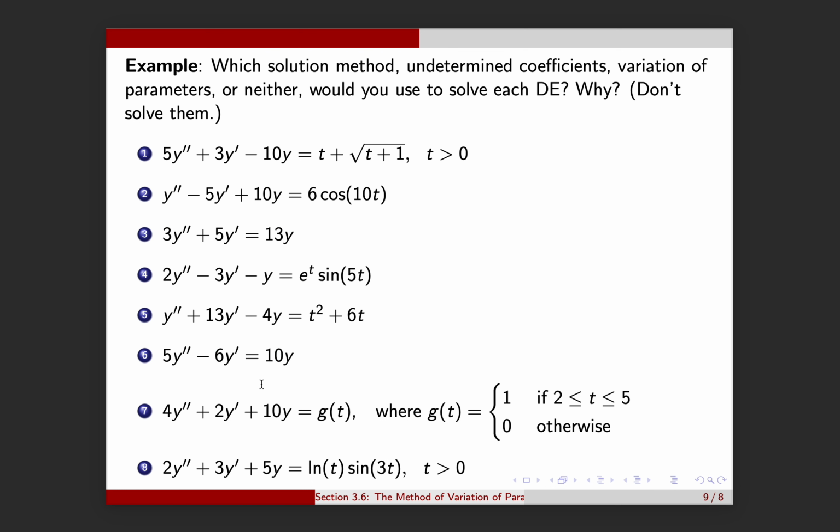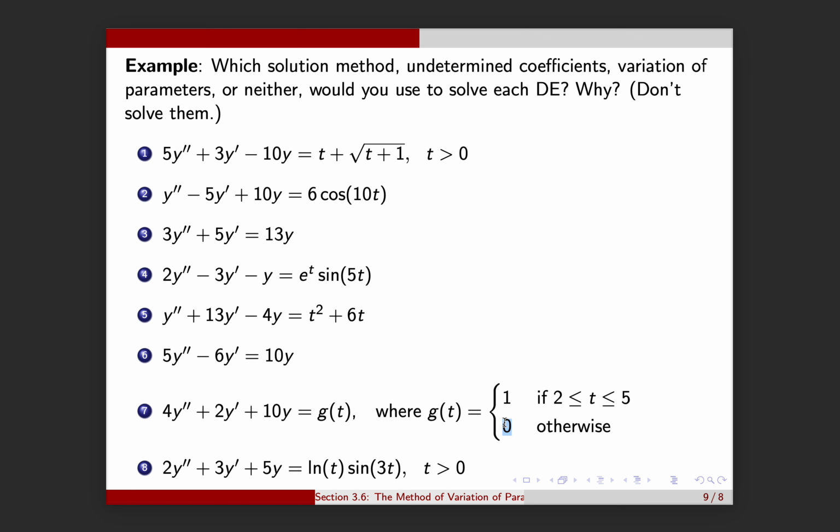So neither. This one, if we were in class, would raise some eyebrows, so I would draw this for you. This function here outputs either 0 or 1, depending on what time it is. Between times 2 and 5, it outputs a 1. Otherwise, it's outputting a 0. So this function looks like a horizontal line at height 1 from 2 to 5.